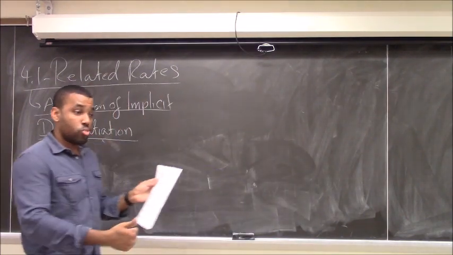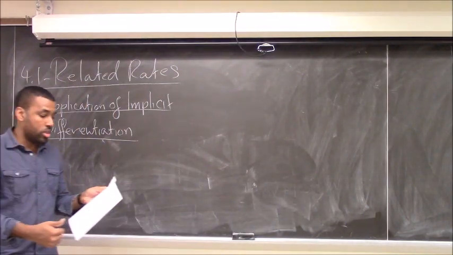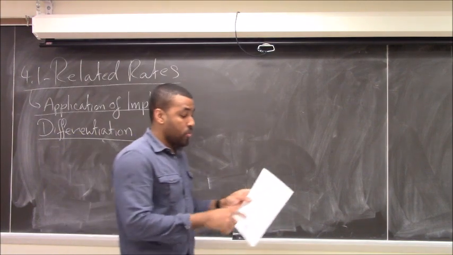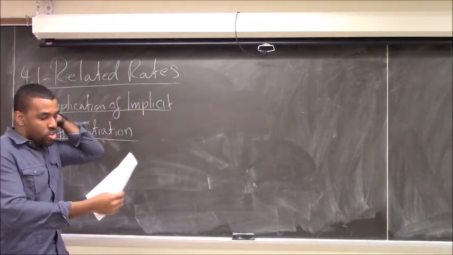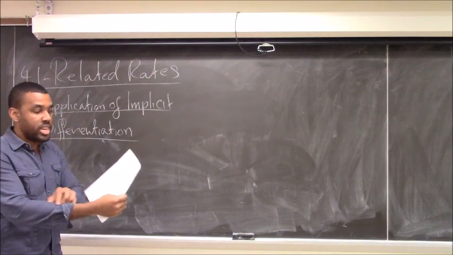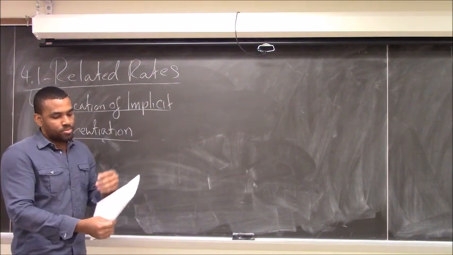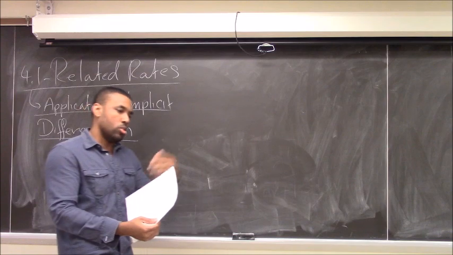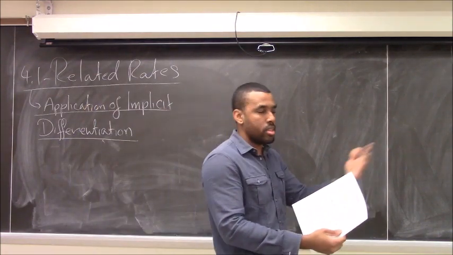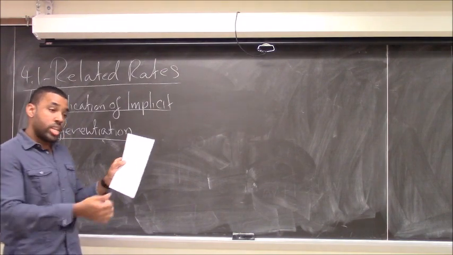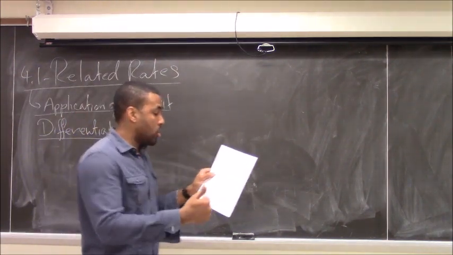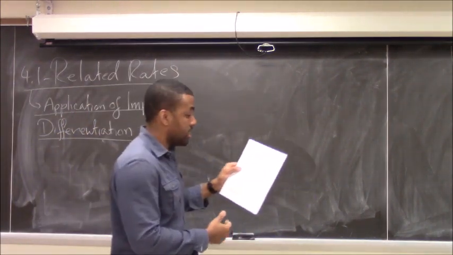The first thing you're going to do is read the problem and make sure you understand that it's a related rates problem. You want to read it to get the idea. If there are quantities that are related, you want to know how they're related. Usually, if it's by a geometrical shape, then you have to know how to find the area formula and things like that. It depends on the situation. You want to read it to know it's a related rates problem and know how all the quantities involved are related.